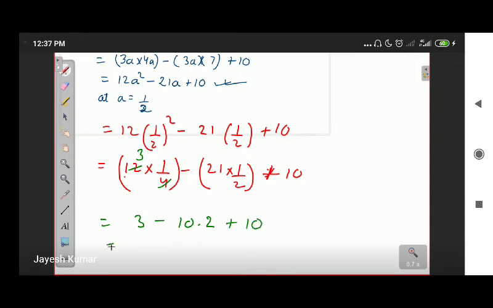So this will be 2.8, or you can write it as 28 upon 10 or 14 upon 5. Okay, this was one way to simplify it.